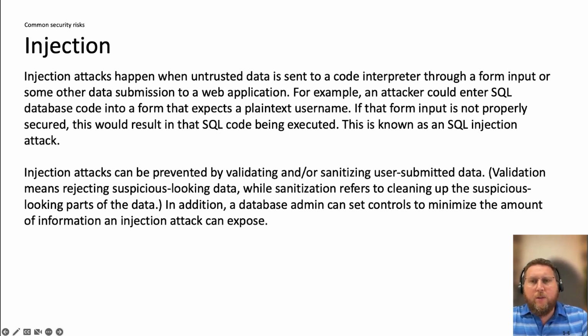The first most common vulnerability is injection. At some point, injection used to be the number one vulnerability category out there for web applications. And injection means that somebody manages to put some kind of an input through your web application that shouldn't have been allowed.